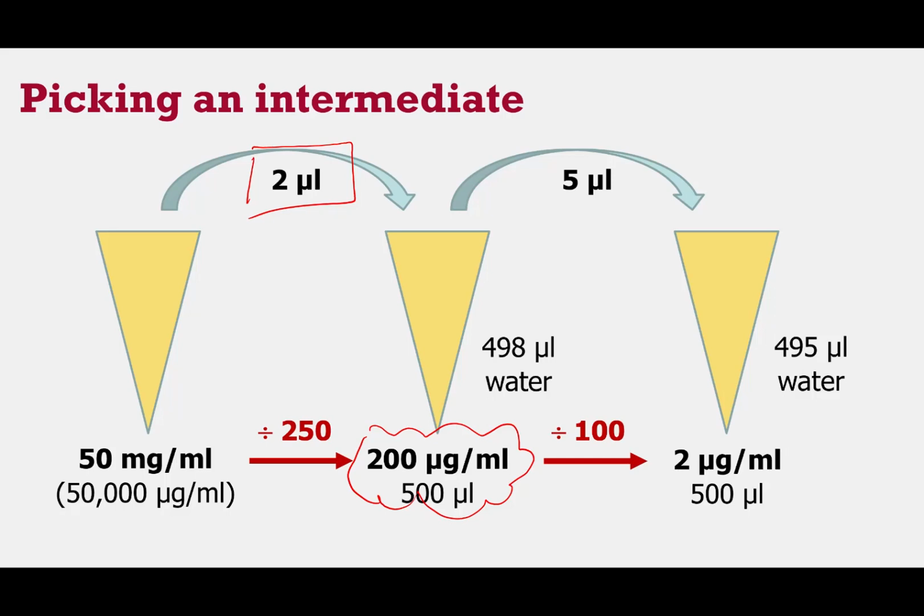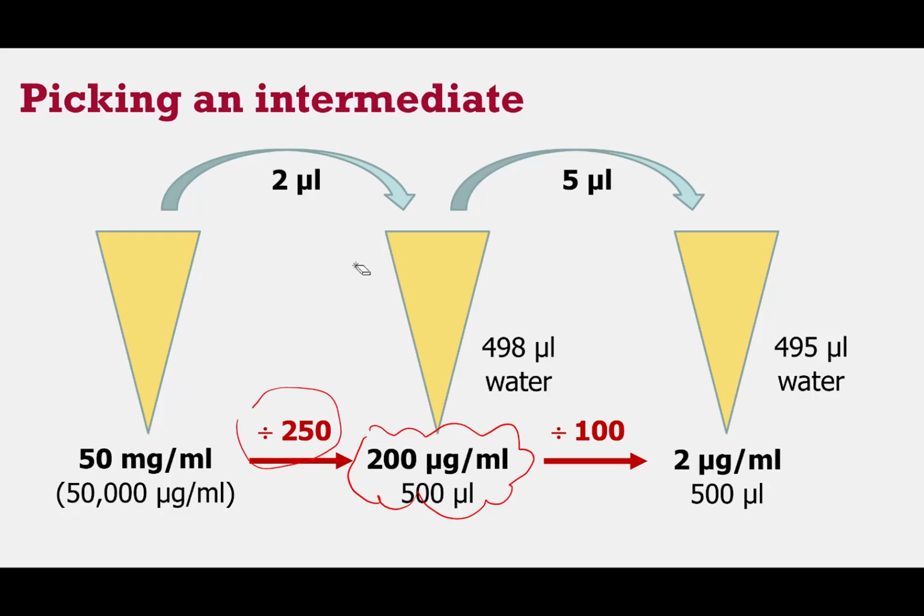Our dilution is going to be 250-fold, and therefore we're going to need to have 2 times 250, 500 microliters in total in order to be able to accommodate taking that particular volume and then that dilution factor.